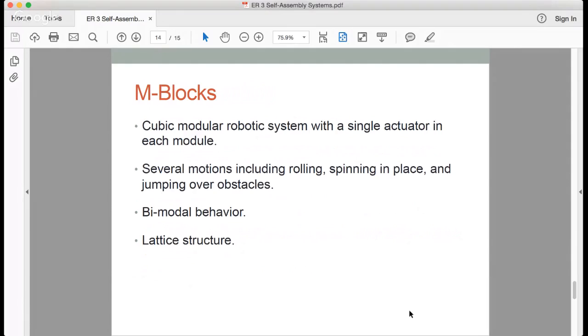When the module is not aligned with the goal, the module is stochastically reoriented using a high torque, which causes unpredictable movement. A group of disjoint MBLOX executing this behavior can self-assemble into a lattice structure.